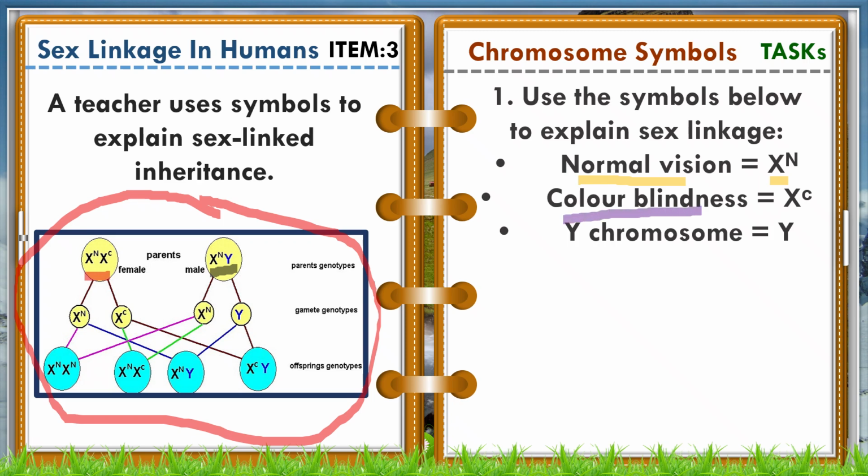Color blindness is due to a gene of color blindness linked on the sex chromosome X, and Y chromosome does not carry the gene.